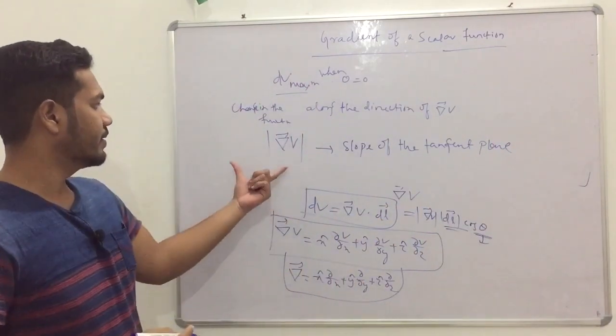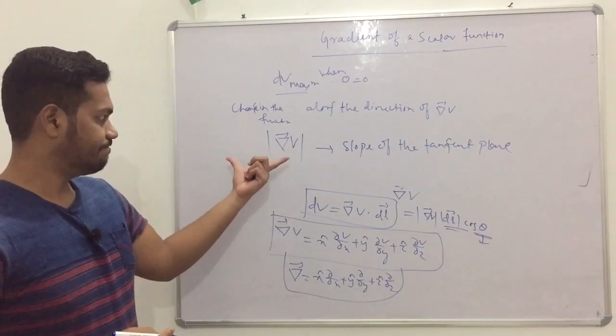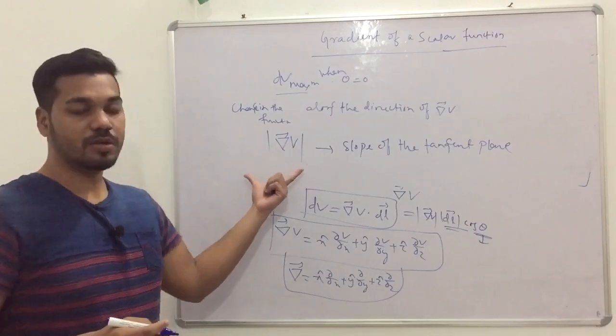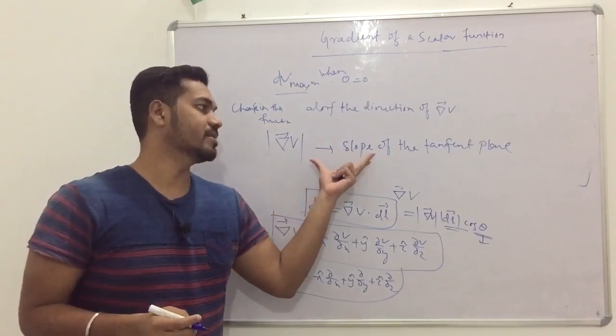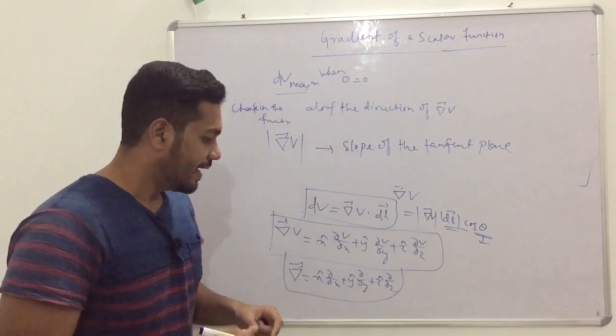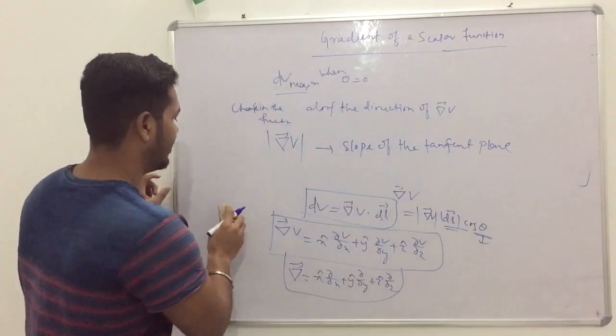Okay, so this is the important concept: the modulus of the gradient of v represents the slope of the tangent plane. And next we will see the application.